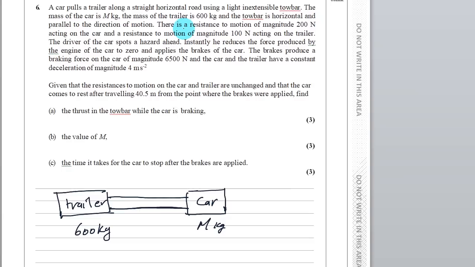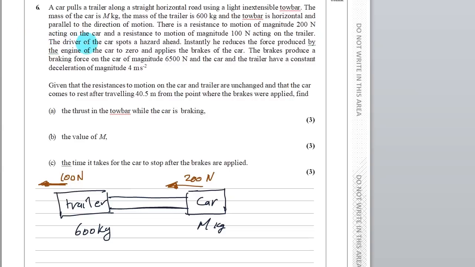There is a resistance to motion of magnitude 200 Newton acting on the car, and a resistance to motion of magnitude 100 Newton acting on the trailer.